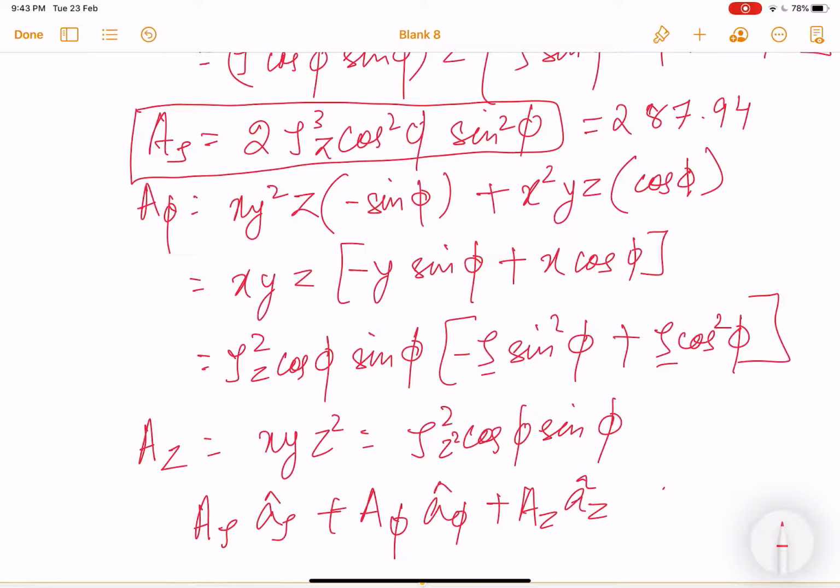And then again z is also 5, then into cos 306.86, cos phi into sin phi. What's sin phi? 306.86. Then into, what shall I write? Minus sine square phi.